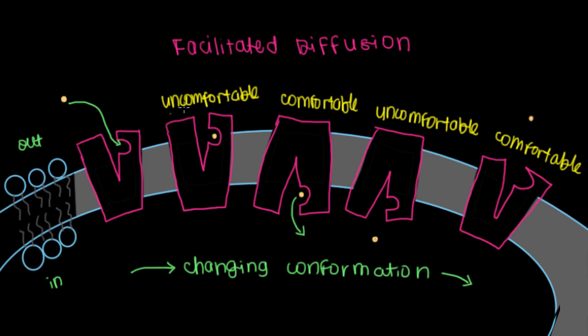And through this process, in a very stepwise way, our chloride ion is able to enter the cell without using any energy whatsoever. No ATP is used at all. Instead, this protein is used to facilitate the movement of the chloride into the cell.